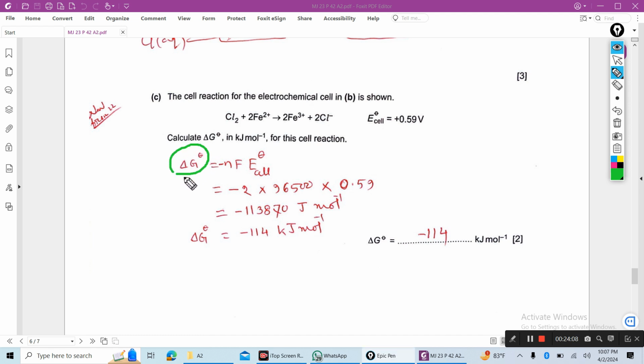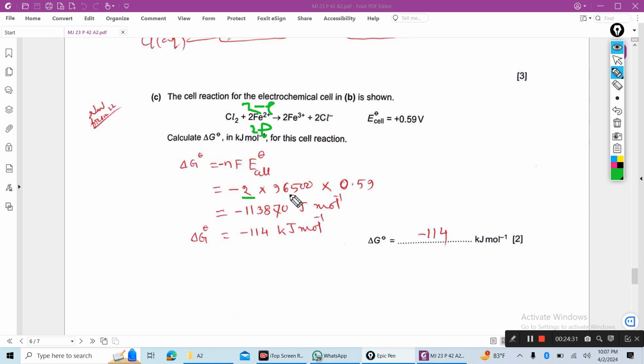standard Gibbs free energy change equals minus n F E cell naught. So n is the number of electrons. Here when chlorine goes to chloride, 2 electrons, and iron 2 goes to iron 3 losing an electron, the same number of electrons, so total electrons will be 2.